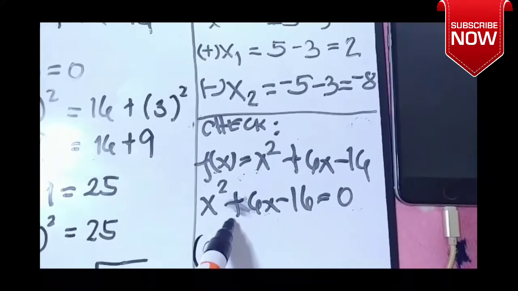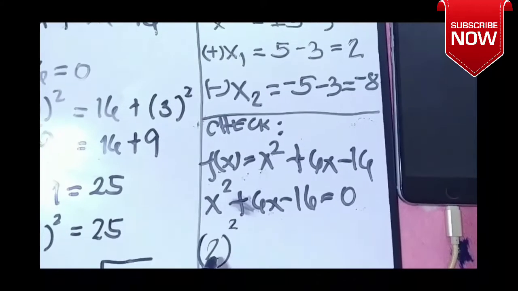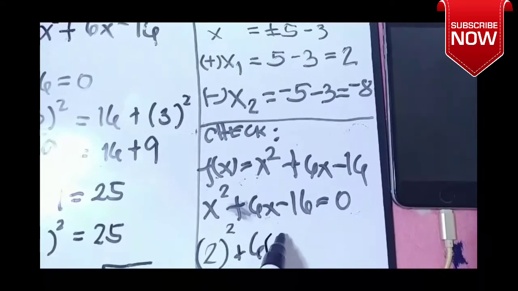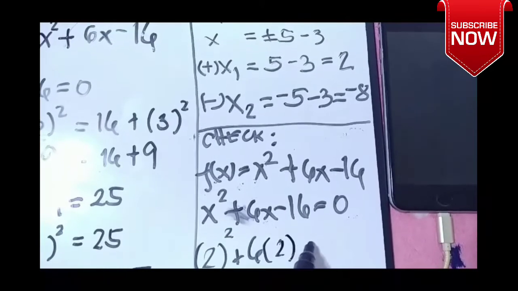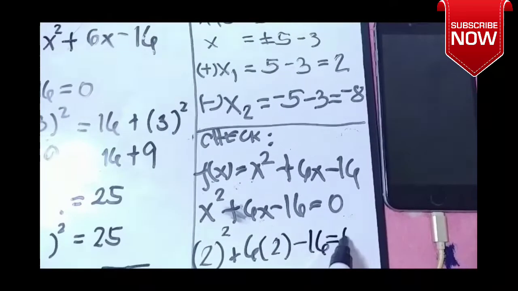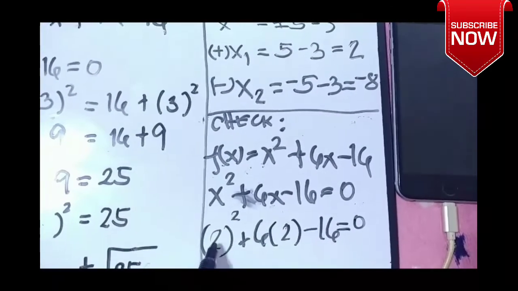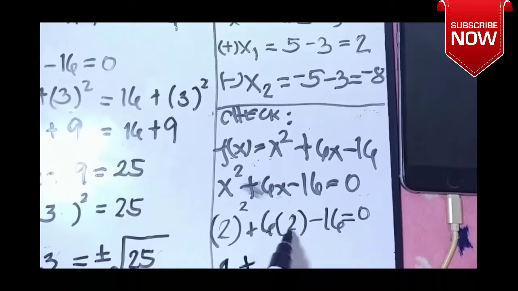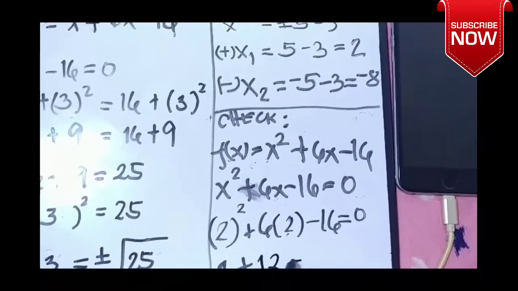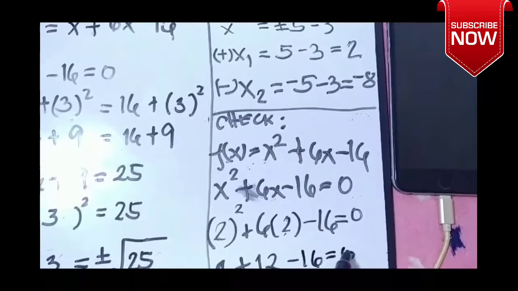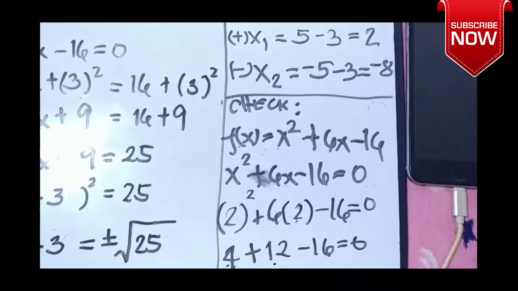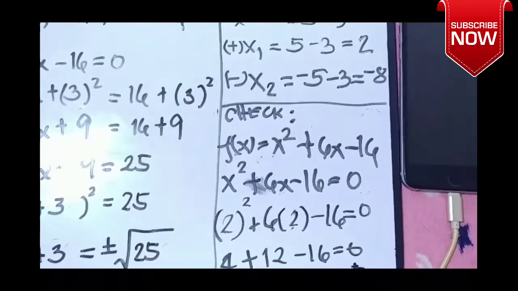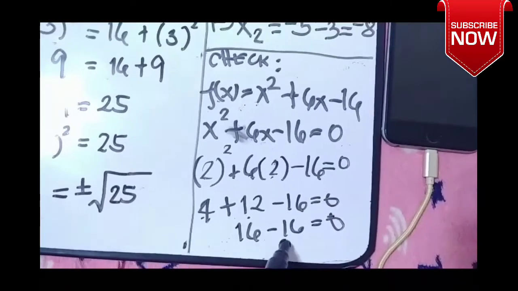So 2 squared plus 6 times 2 minus 16 equals 0. 2 times 2 is 4, plus 6 times 2 is 12, minus 16 equals 0. 4 plus 12 is 16, minus 16 equals 0. 16 minus 16 is 0, equals 0.